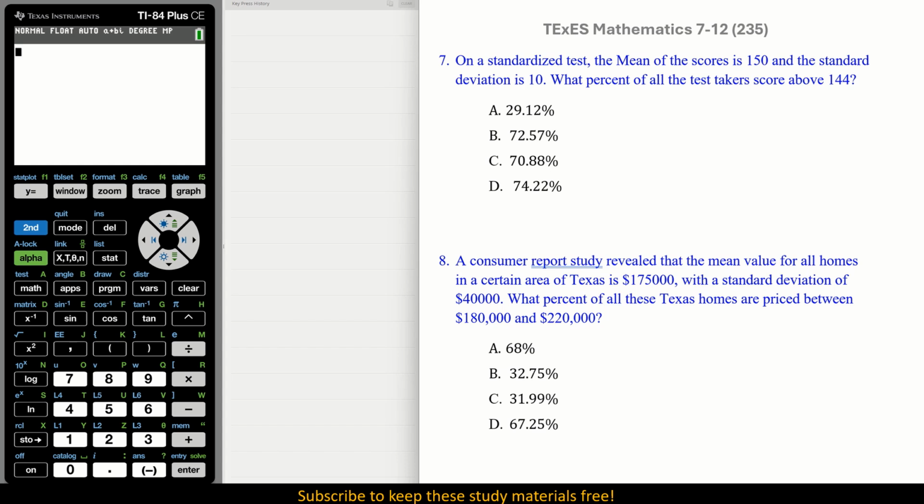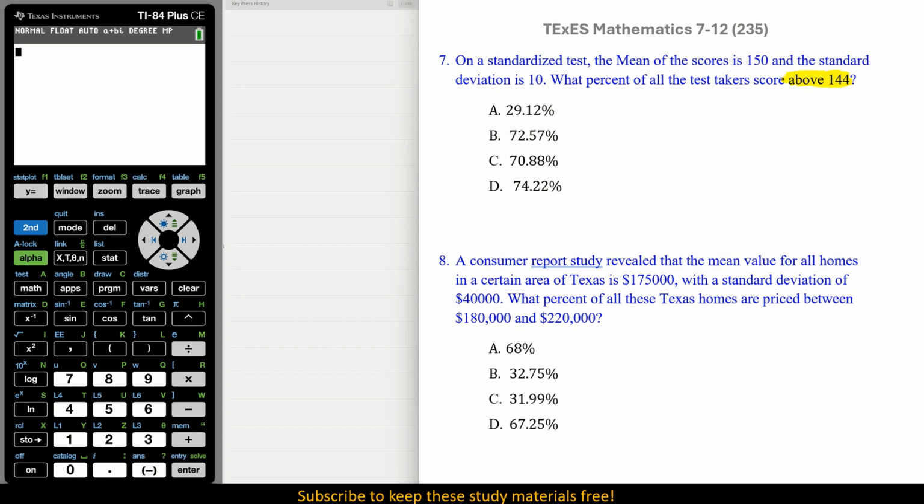That being said, the way the question is worded, it says what percent of all the test takers scored above. So to make sure that you're not taking pieces, that you're taking that whole part, you need to add on a little fraction, a half.